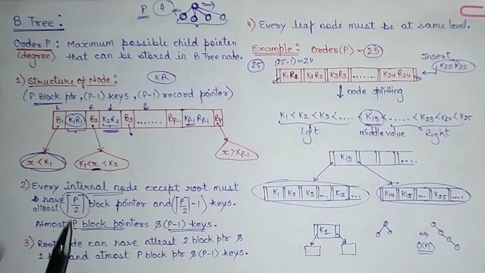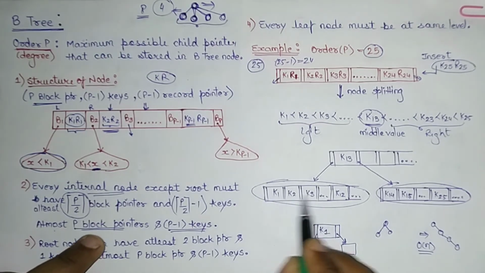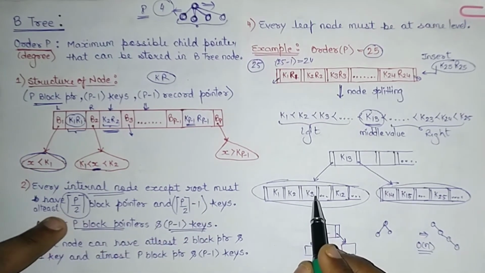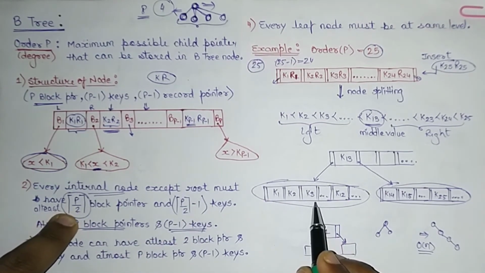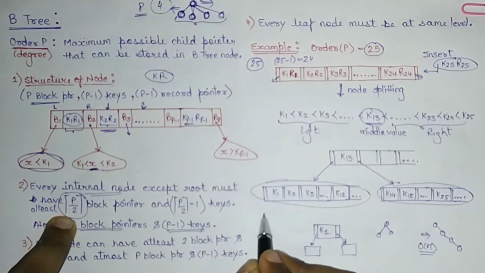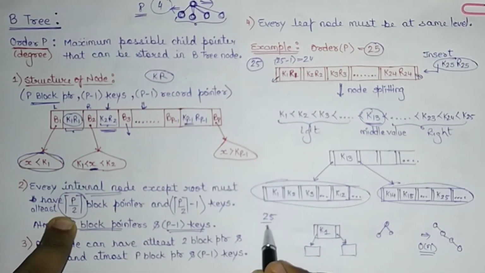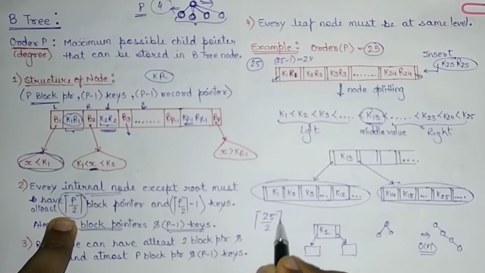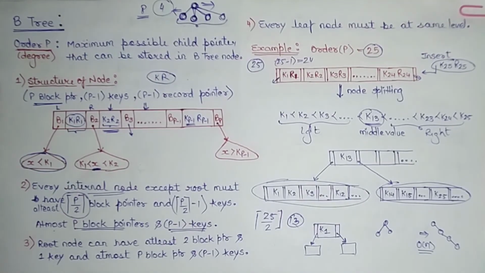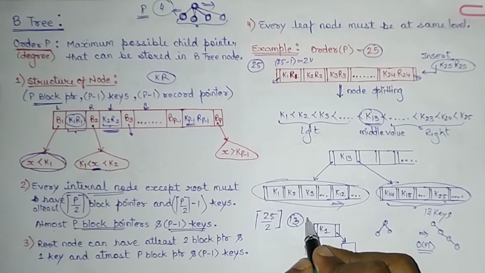Now if we talk about the internal node, it should have at least p by 2 block pointers. So what is the value of p here? 25. So if you divide 25 by 2, what will it be? 13, I think, because we are talking about the ceiling value, right? So here you can have at least p by 2 block pointers. That means at least 13 block pointers should be there.